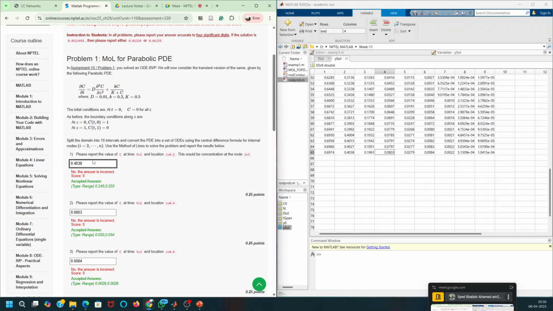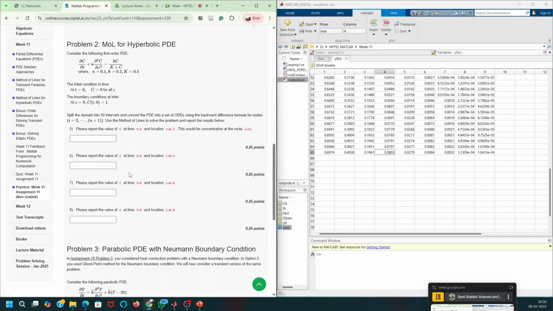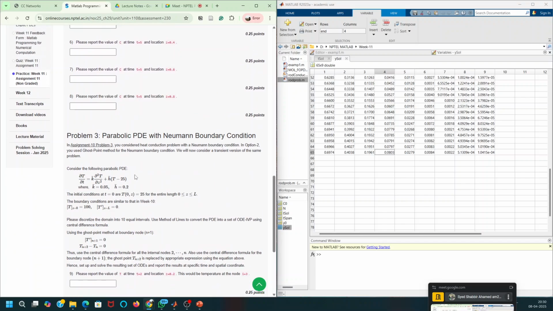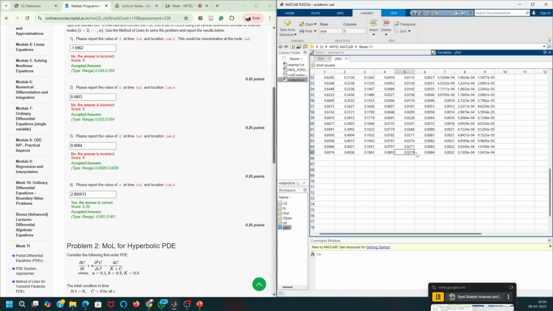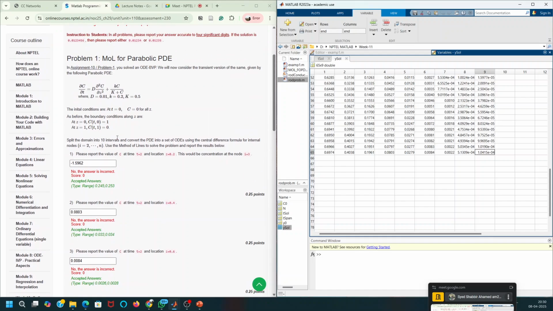Maybe these answers are not right here. What they have given here, we will just move on. So what we have done is exactly right. There is no confusion regarding that. Just check again.